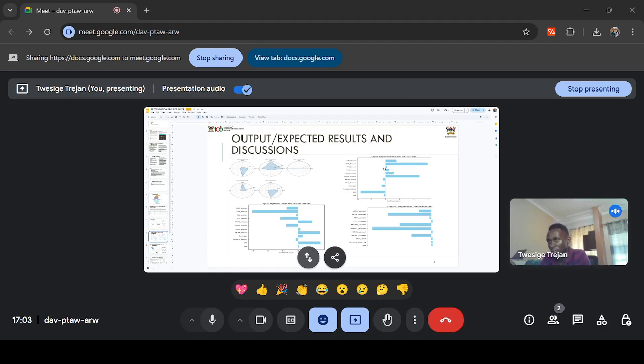Sorry, this is the first one. So this is the high class, then the medium class, and then the low class for the risk scores. And as you can see, the logistic regression for the last one, which is the low class, is actually more to one side compared to the others.